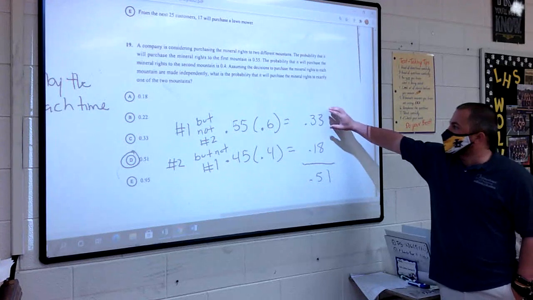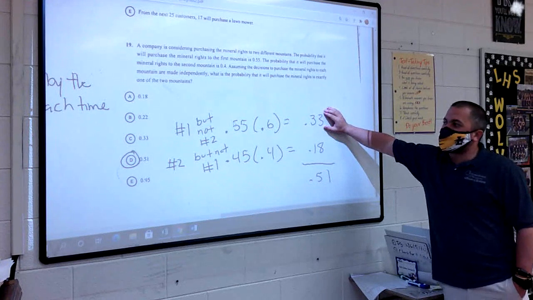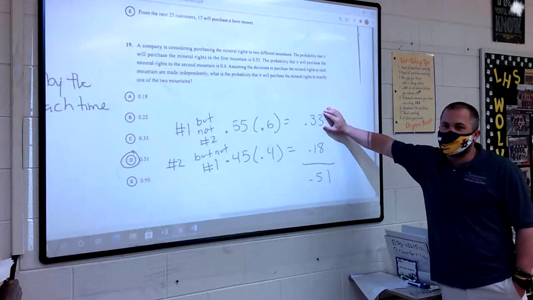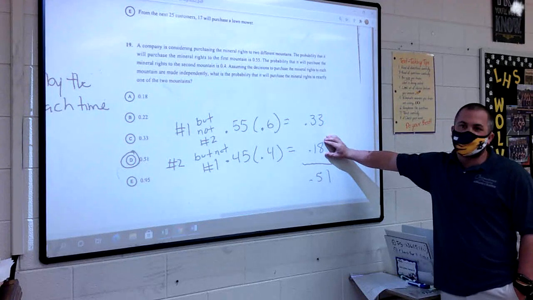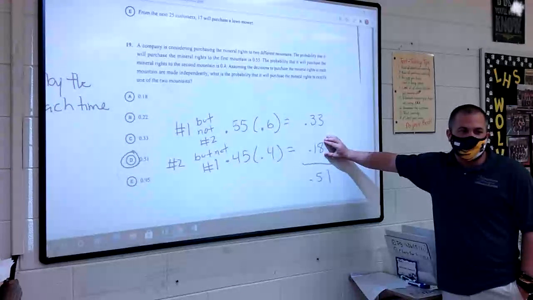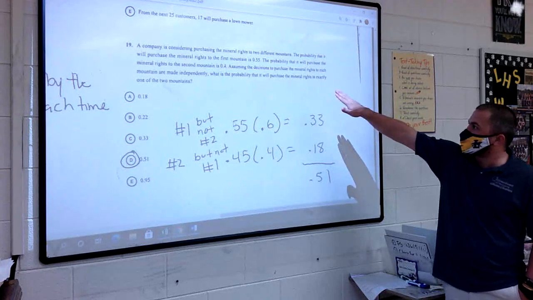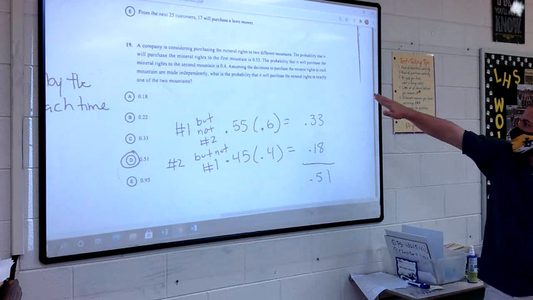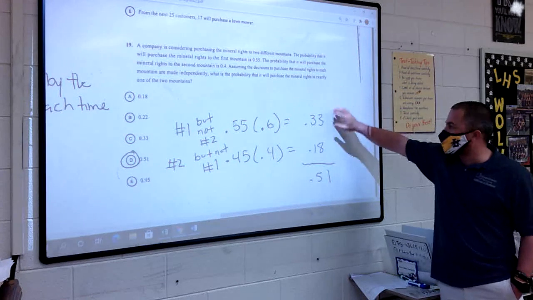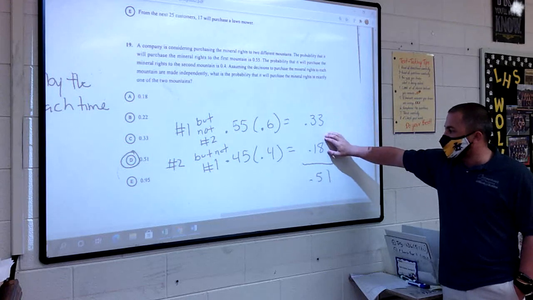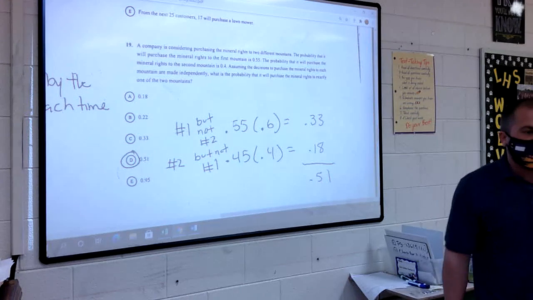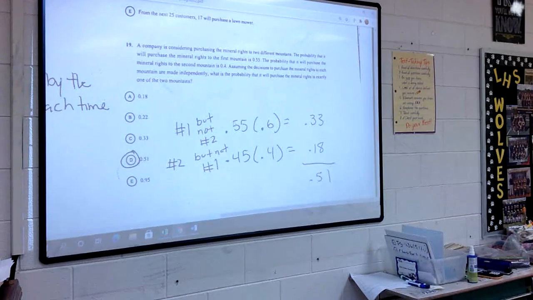That's the chance of purchasing the mineral rights to the first one and not the second one, and that's the chance of purchasing the second one and not the first one. The question says, what's the probability of purchasing the mineral rights to exactly one of the 2? Well, there's 2 ways that can happen, so I've got to add them together. And so I get there's a 51% chance that I purchase the mineral rights to one of the 2.